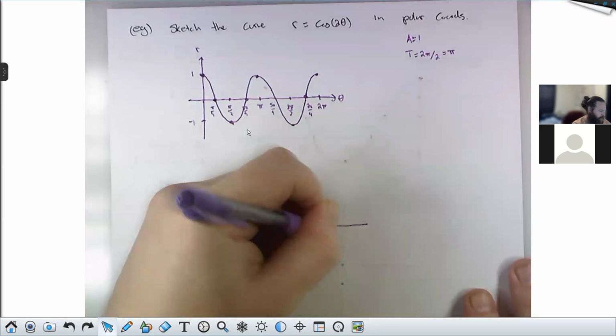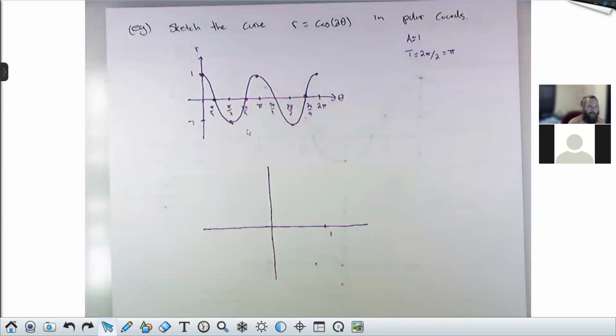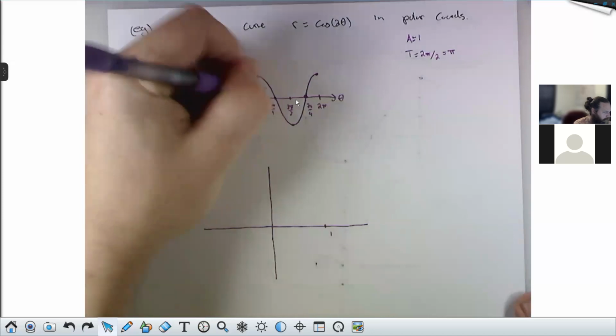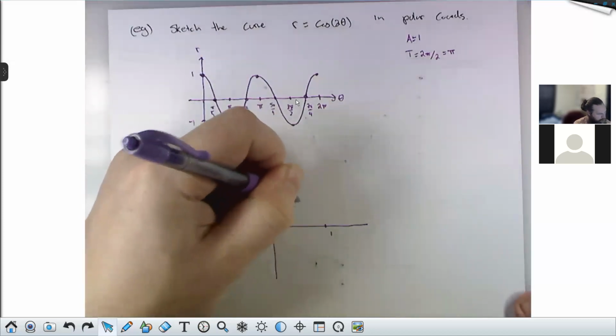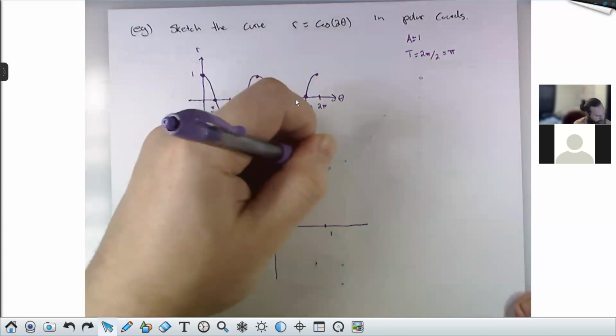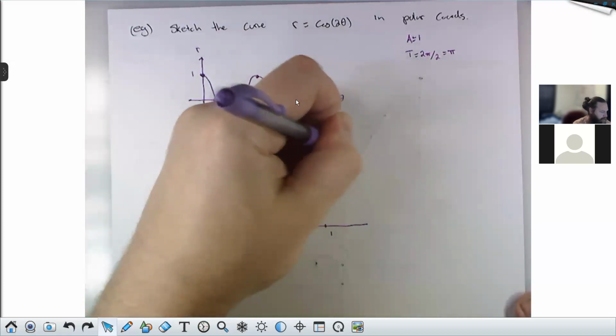I'll mark this as 1. And I'm going to add in some helper lines here as well, right? These places where we have r equals 0, which are the multiples of pi over 4. And to add those in as helper lines.